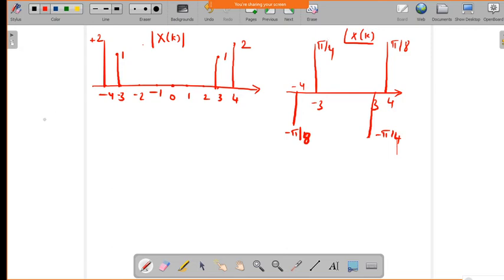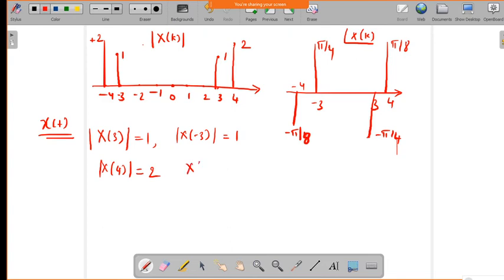So now we need to find out the corresponding time domain signal x of t. What is x of t? Okay, so now from the figure we can find out that the coefficient X of 3 is equal to 1, and X of minus 3 is equal to 1, and similarly X of 4 is equal to 2, and X of minus 4 is equal to 2.